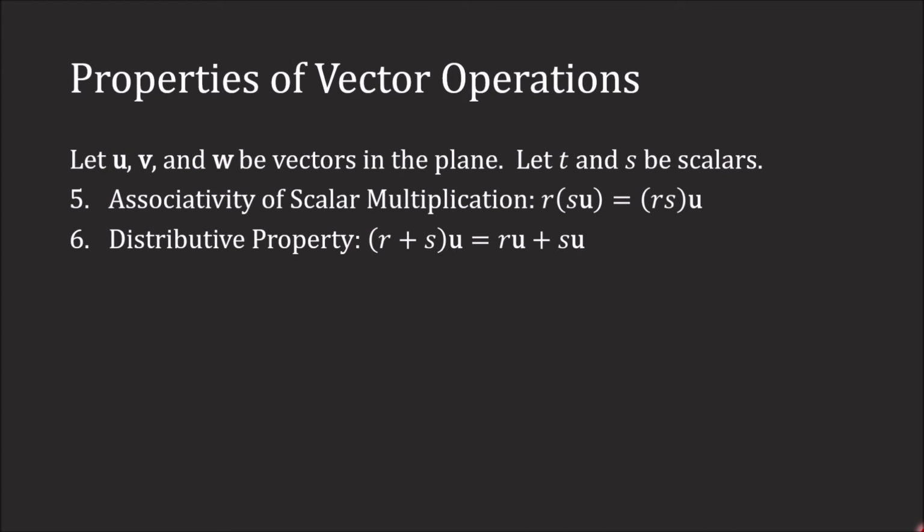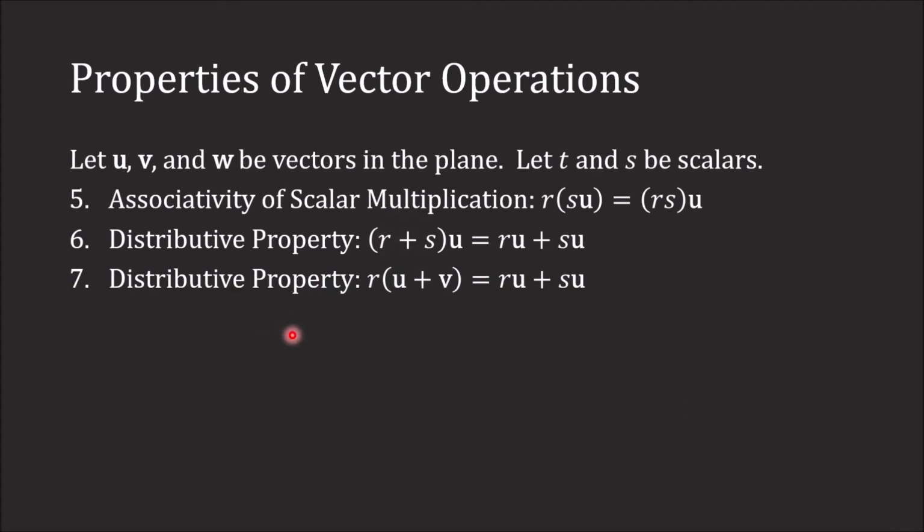Distributive property, r plus s times u is the same as r u plus s u. So scalar multiplication distributes across normal addition of real numbers. It so happens to distribute across vector addition. So r times the quantity u plus v is r u plus s u.